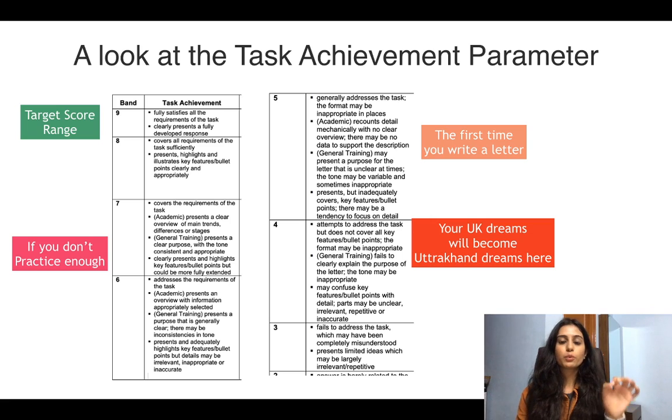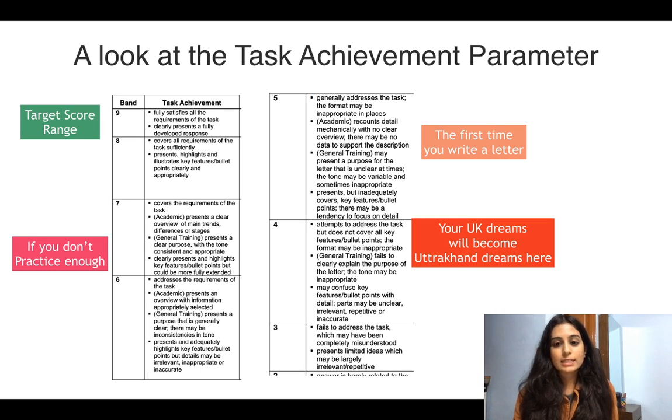So here, if you miss out on any of the bullet points, you would end up scoring a 4 band score, which is something we do not desire at all. So the learning from 4 band score is that you have to completely understand what the bullet points are asking you to do and answer it accordingly by fully developing your responses.